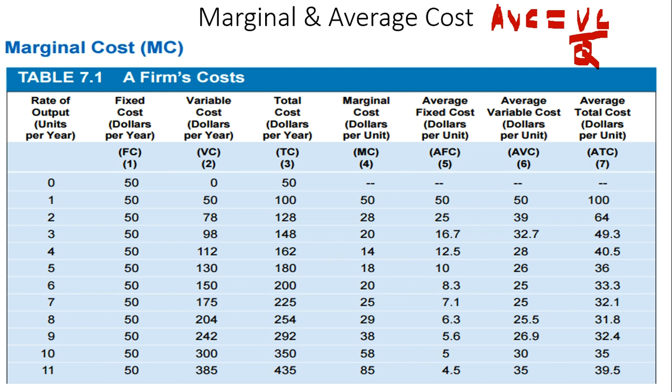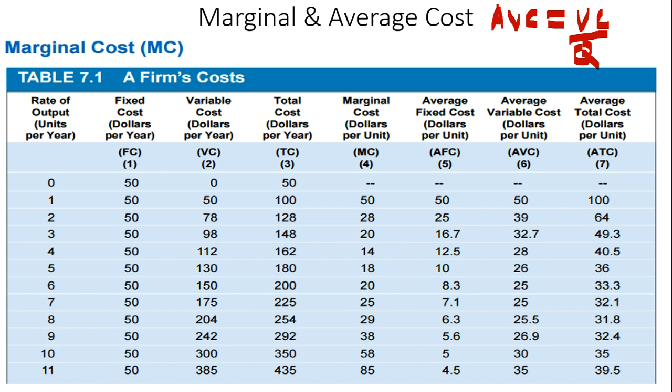Okay, so anyway, these things are more like self-explanatory. When we're getting average fixed cost, it's on average, how much does one unit, or to what extent will a unit of output affect our fixed cost?